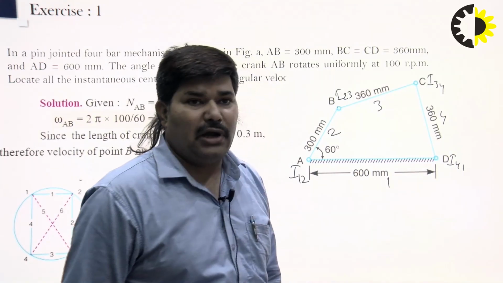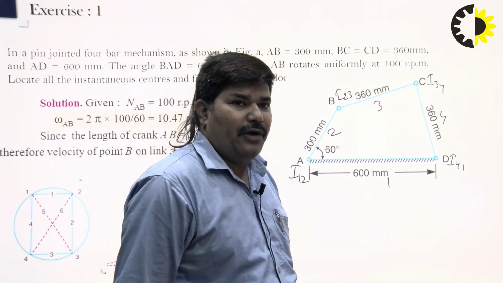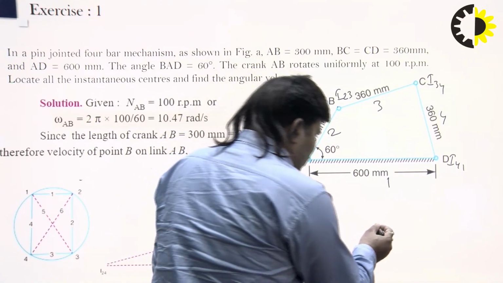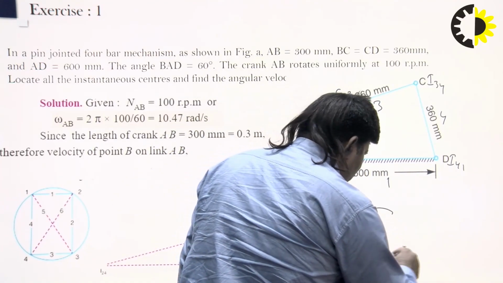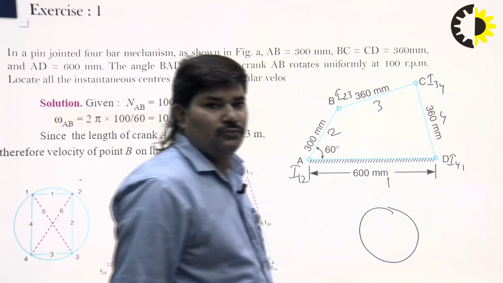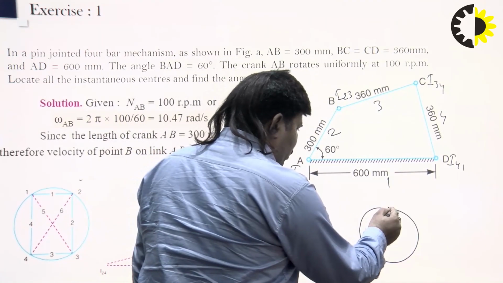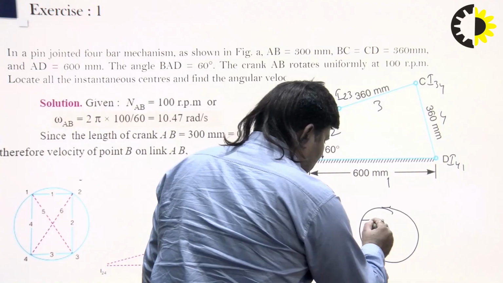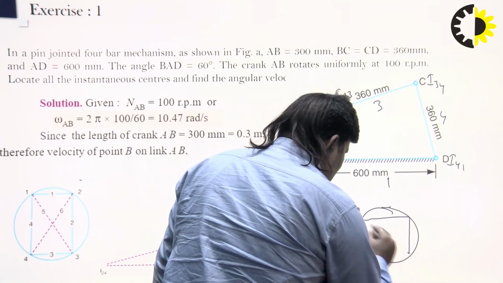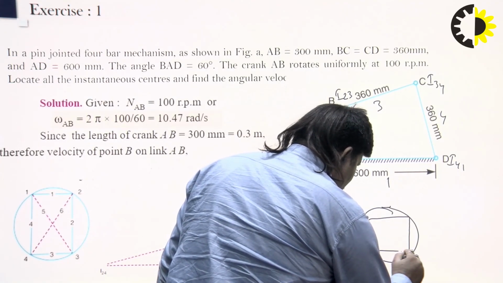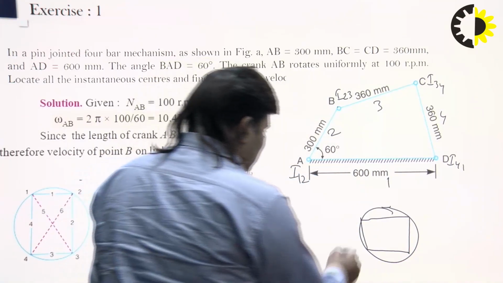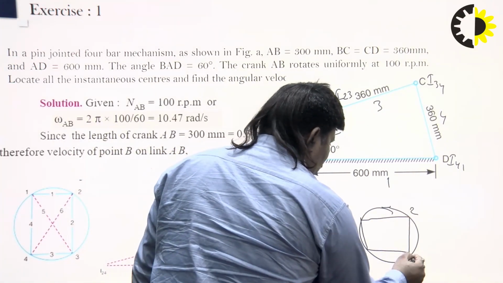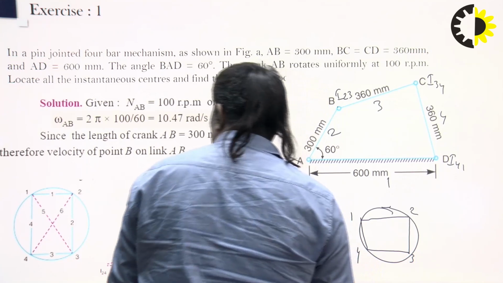So how to find them? First of all, draw a circle, right? And locate all these 4 links at points 1, 2, 3, 4, right?